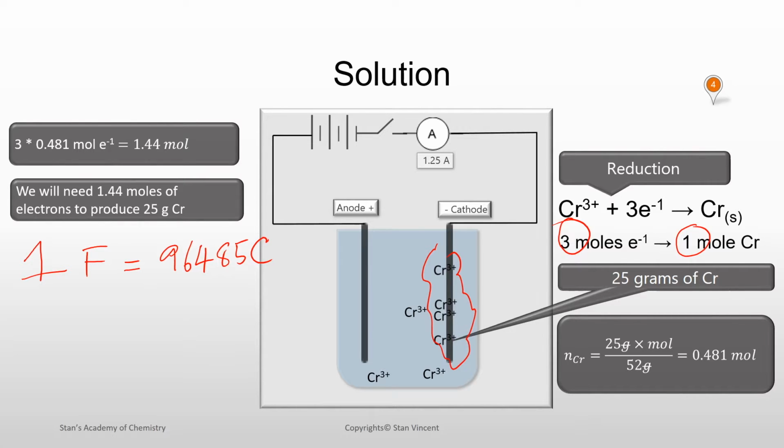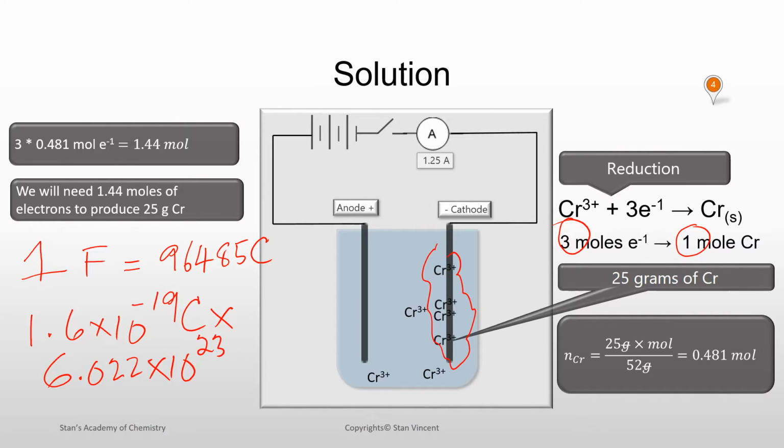The charge of a single electron is 1.6 times 10 to the power of negative 19 coulombs, and multiplying by Avogadro's number, 6.022 times 10 to the power of 23, we get 96,485. That's the charge carried by 1 mole of electrons.